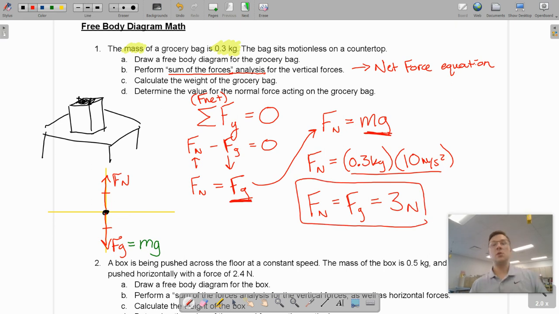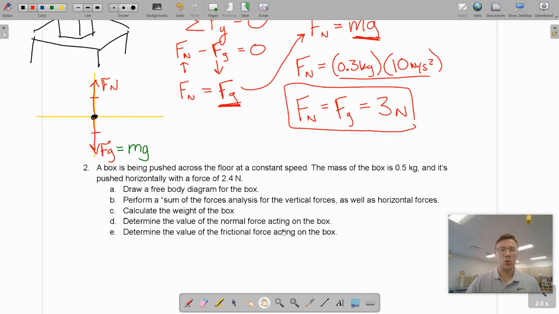So what I've found here is that the weight of the bag is 3 newtons, and because the weight of the bag is balanced by the normal force from the table acting on the bag, I know that if the weight is 3 newtons, then the normal force must also be 3 newtons.